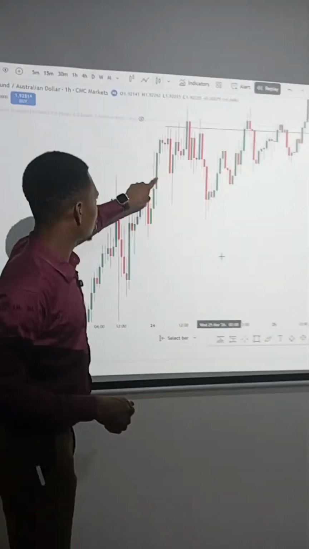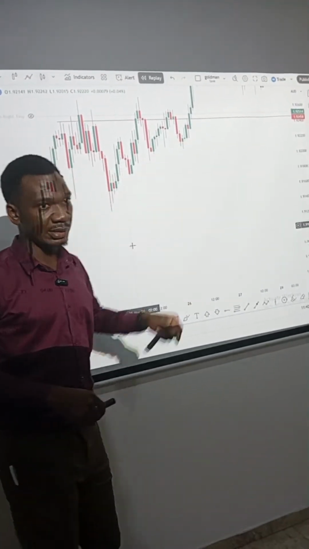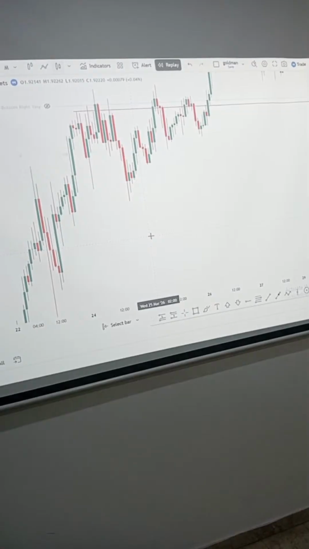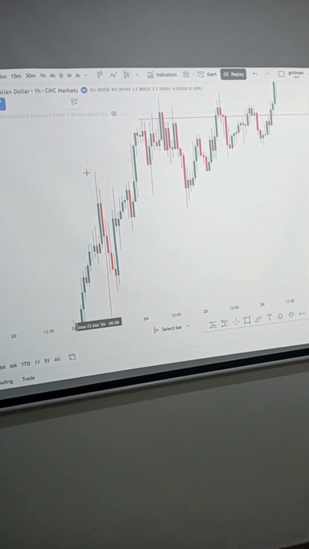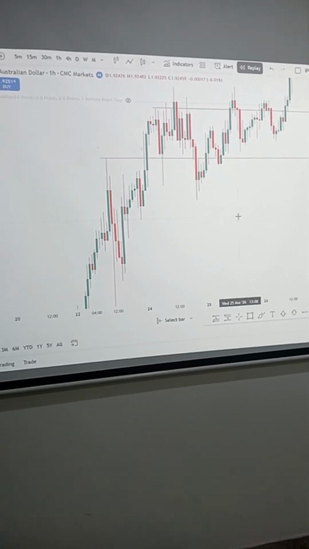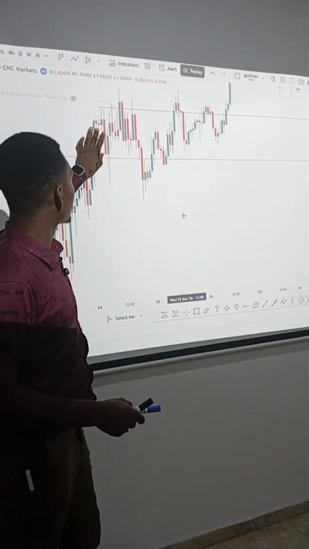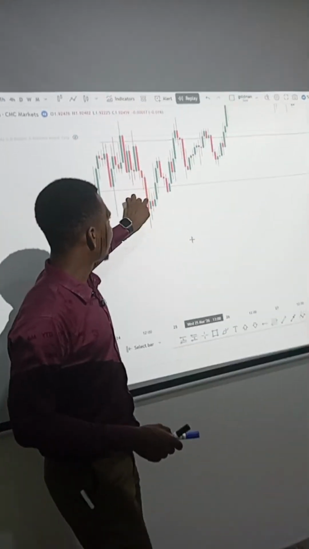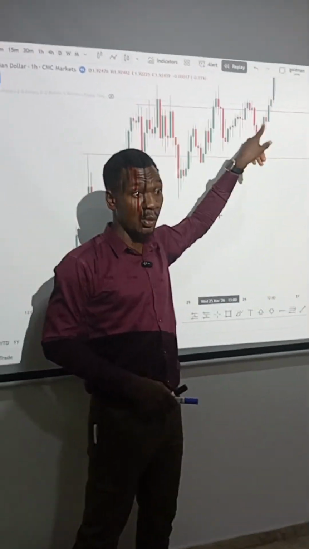Because we have a break of structure here, and price has still come back to that level, just like that. So I'm basically looking out for those price points that the market has contested multiple times. Look at this one. The market broke here, break of structure here, came back for a retest, came back for a retest, came back again for a retest. Are we together?